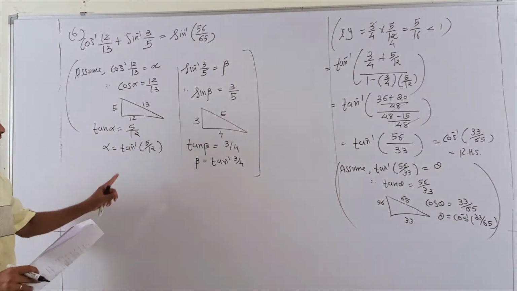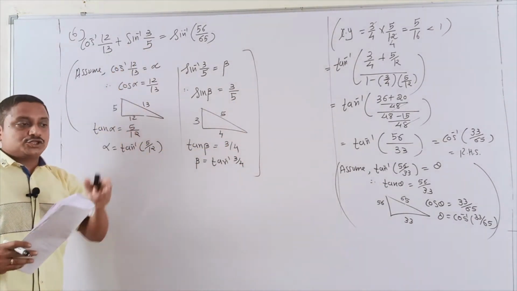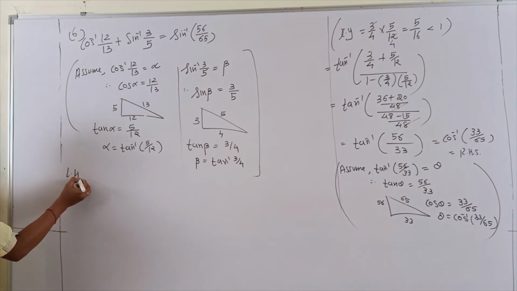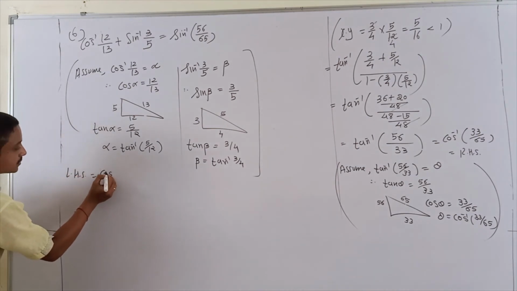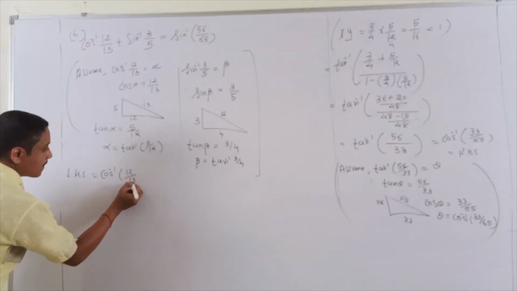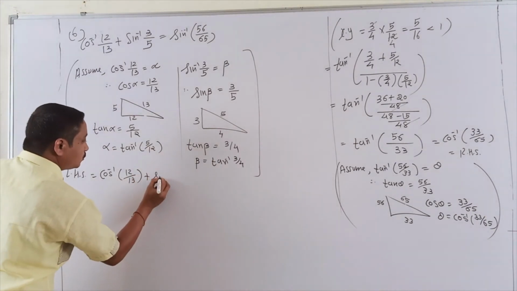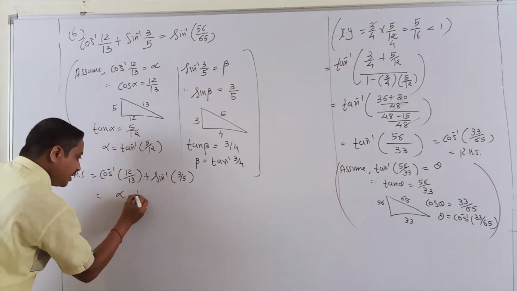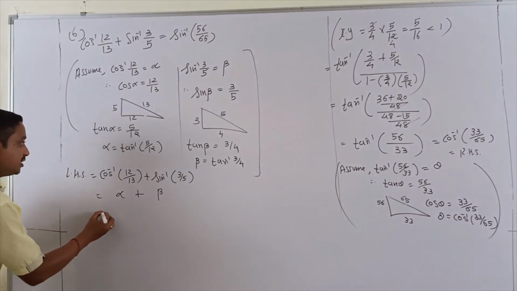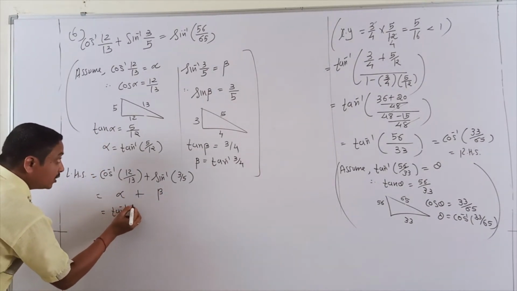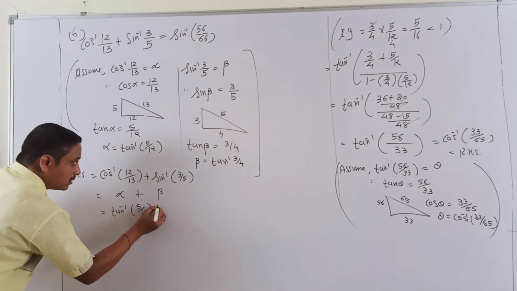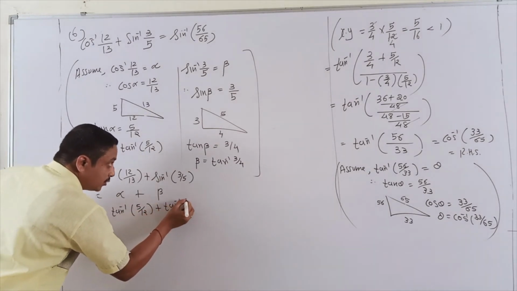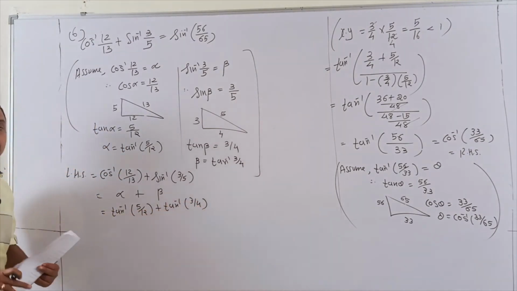This value I attach in this question. So LHS is cos inverse 12 by 13 plus sin inverse 3 by 5. You get alpha plus beta. And what is your alpha? Tan inverse 5 by 12. Similarly, tan inverse 3 by 4.